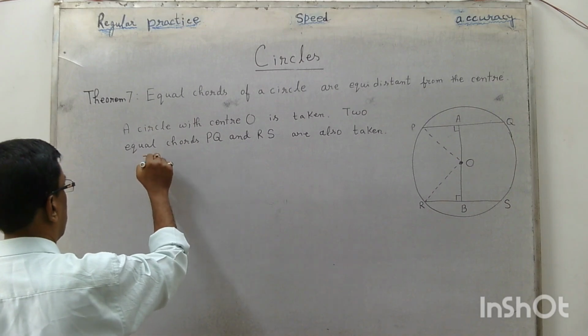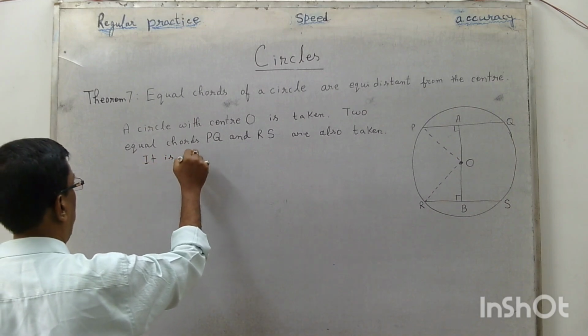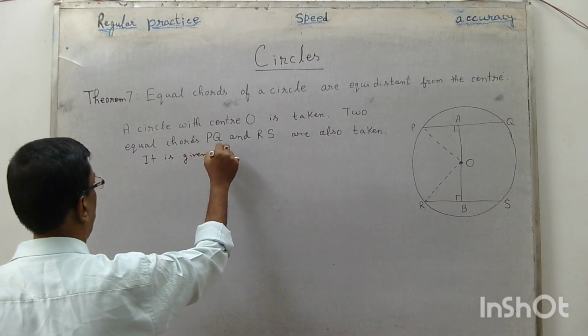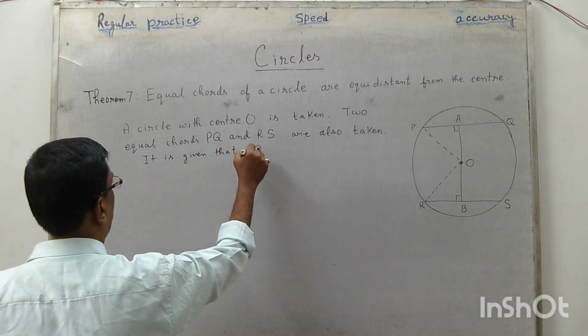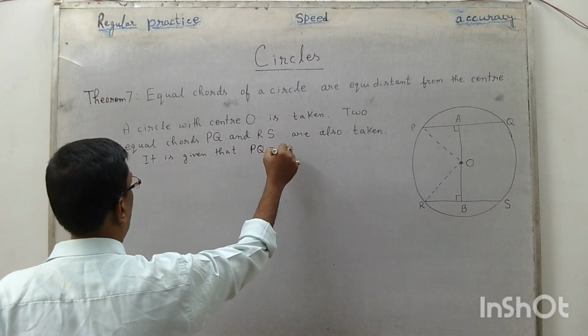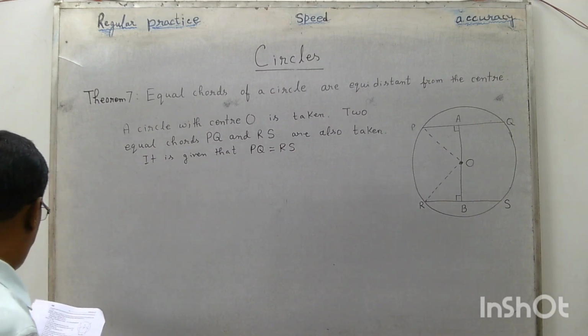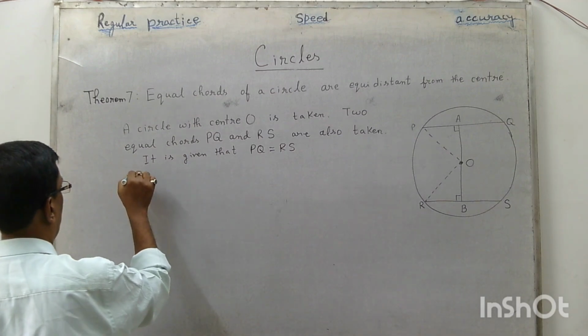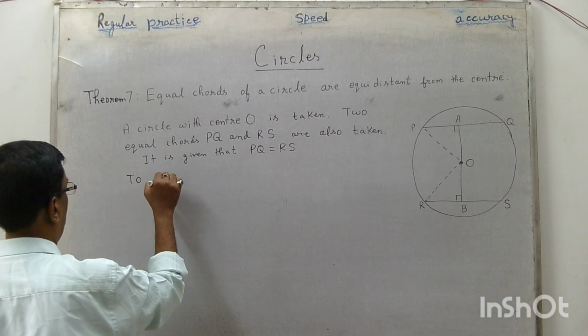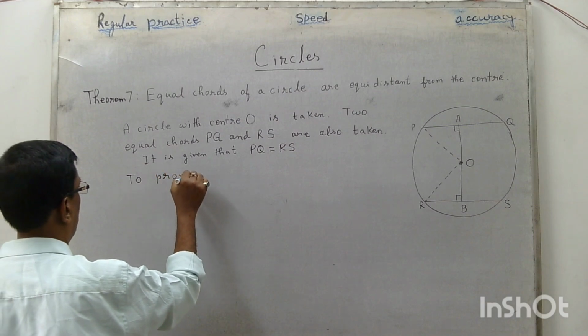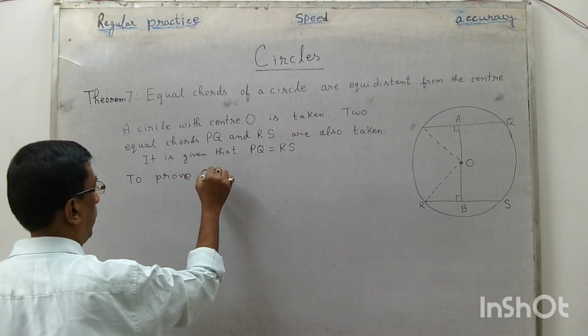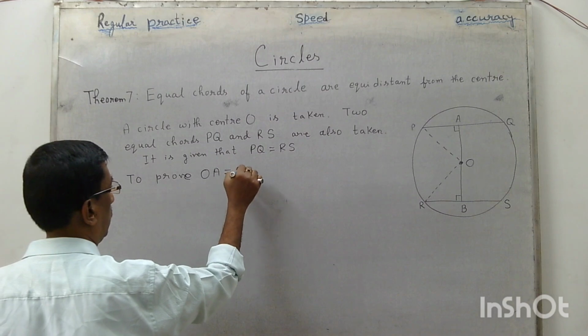It is given that PQ equal to RS. To prove OA equal to OB.